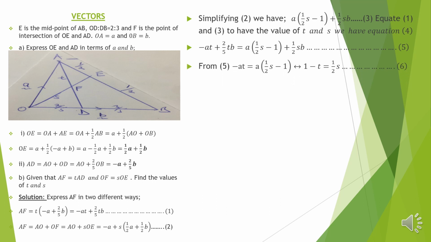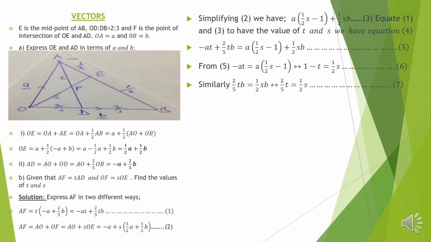Then we proceed from equation 5. We now equate the components, that is the component of vector A to A, then vector B to B. By doing that, we get negative AT equals A into bracket a half S minus 1. Simplifying that one, we get 1 minus T equals a half S. Let's call it equation 6.